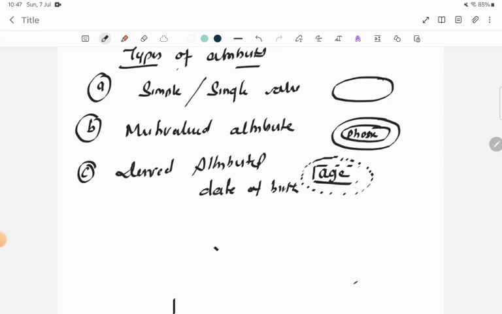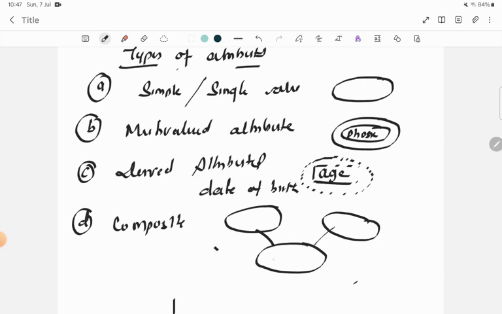Next one is the composite attribute. What is a composite attribute? A composite attribute is composed of a number of elements. This is the example of a composite attribute.